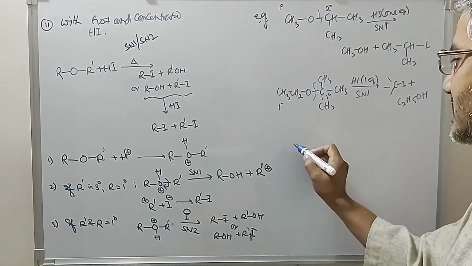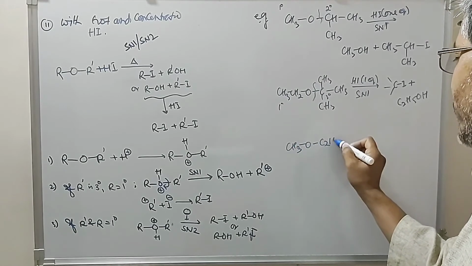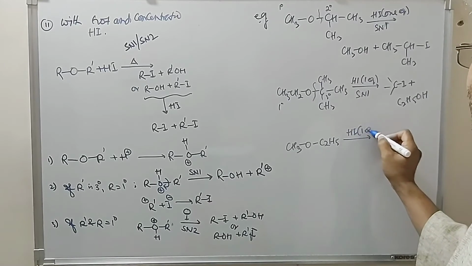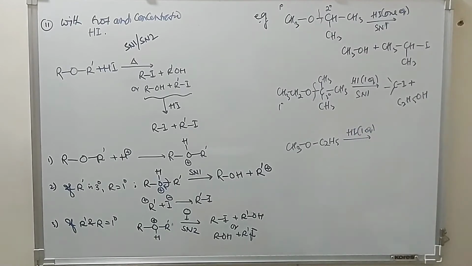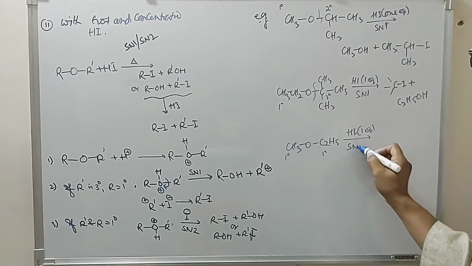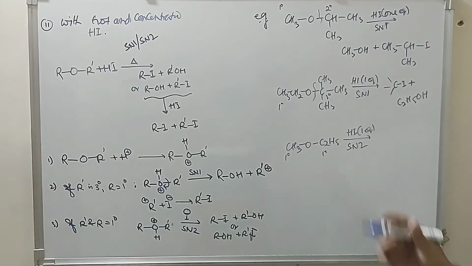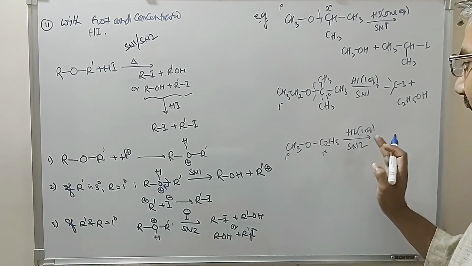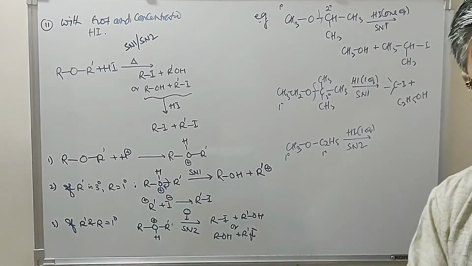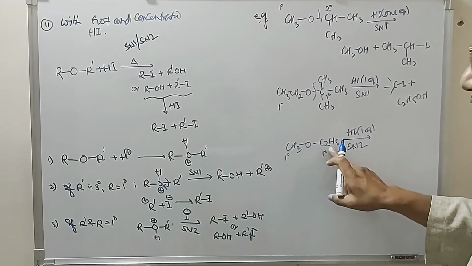But if we have this reaction, look at this, CH3OC2H5, this reacts with HI, one equivalent. Then look at this, both are primary, this is also primary, this is also primary, so the reaction has to be via SN2. If the reaction is SN2, as I told you earlier, I minus will attack the carbon atom of the alkyl group having fewer carbons. So we have one carbon, we have two carbons.